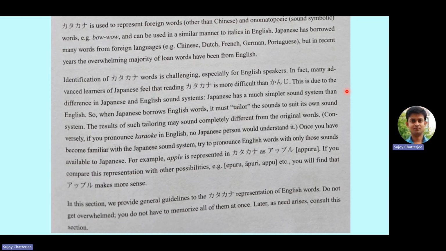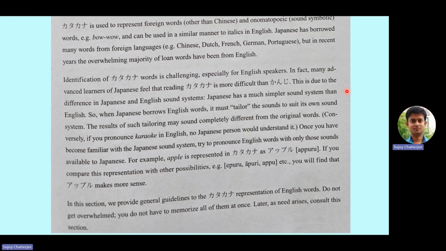Japanese has borrowed many words from foreign languages, for example, Chinese, Dutch, French, German, Portuguese, but in recent years, the overwhelming majority of loan words have been from English only. Identification of katakana words is challenging, especially for English speakers. In fact, many advanced learners of Japanese feel that reading katakana is more difficult than kanji. This is due to the difference in Japanese and English sound systems.